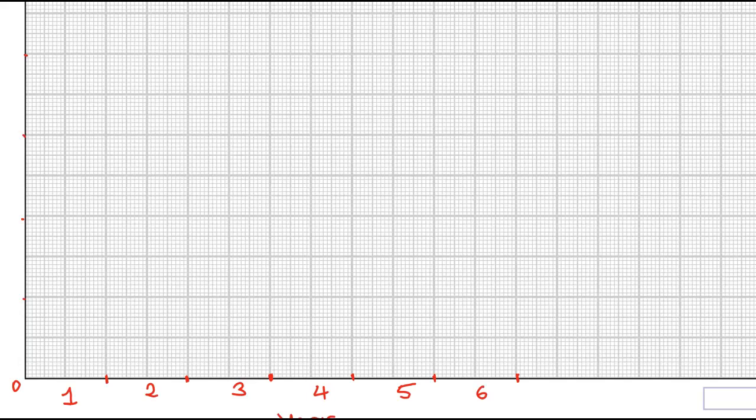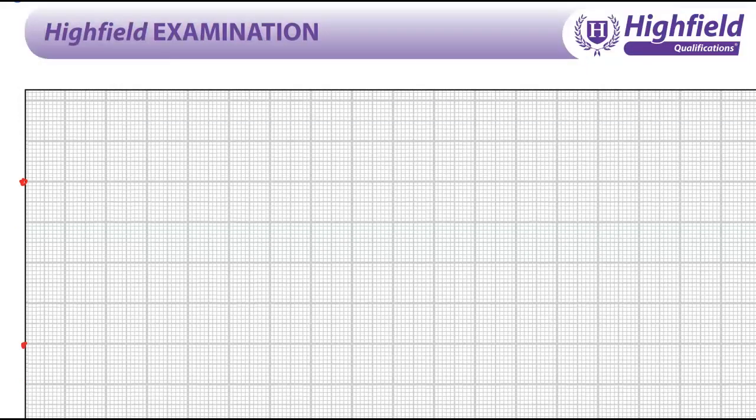Looks like we still have plenty of space, so maybe we do it so that we have 1,000 here, 2,000 here, so 4 squares rather than 2, 3,000, 4,000, 5,000, and that should work.